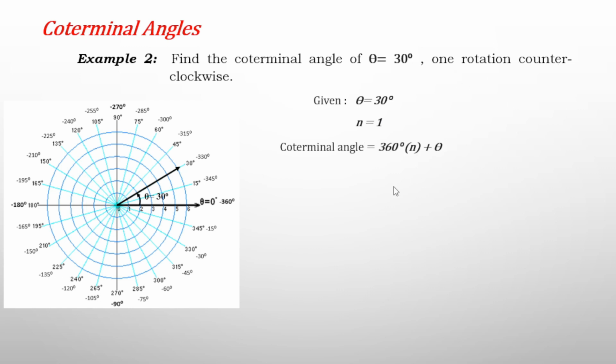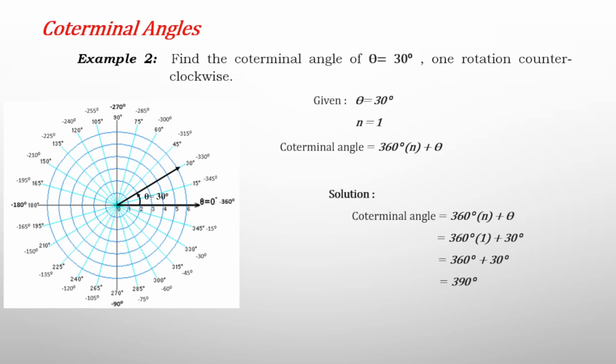Solution: still we are going to use the formula 360 degrees times n plus theta. Substituting n equals 1, 1 times 360 degrees is 360 degrees, plus 30 degrees. So we have now 390 degrees.